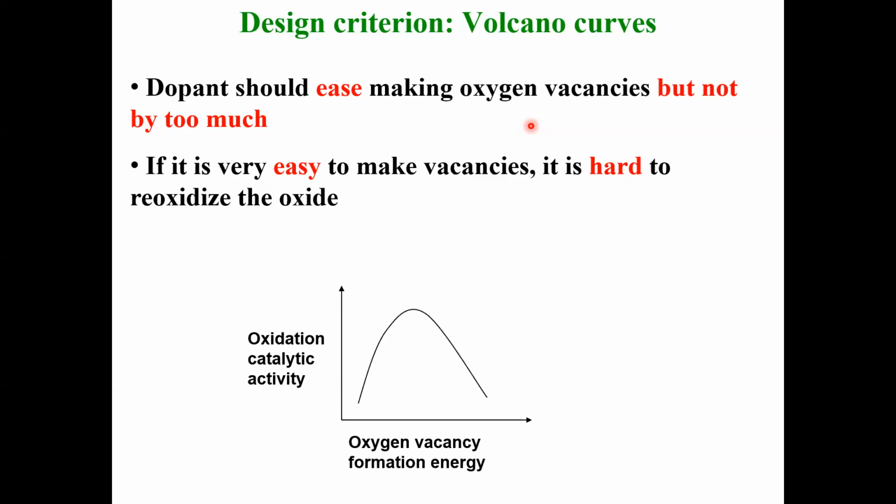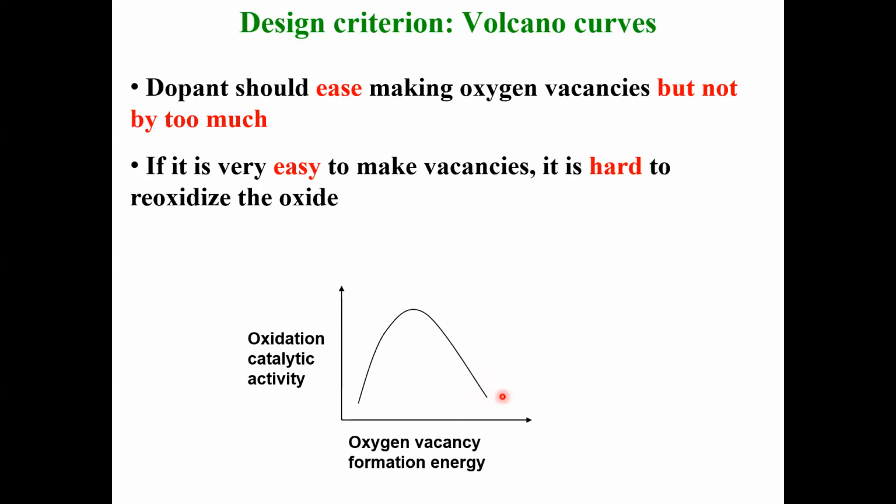So the general idea here is the oxidation catalyst. On the x-axis, we have some measure of the ease of oxygen vacancy formation, that is, how easily the metal oxide is going to supply oxygen to the reactants. If it's too easy to supply, you just have an oxidant, you don't have an oxidation catalyst.